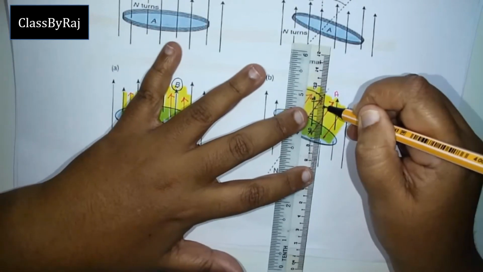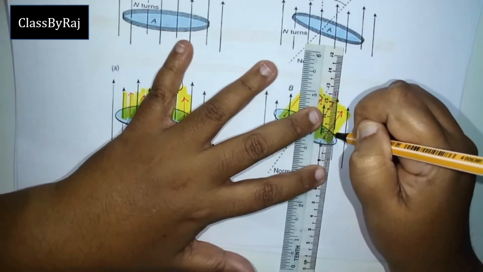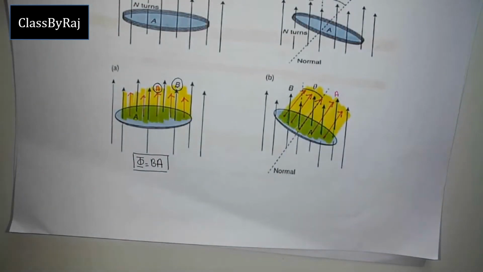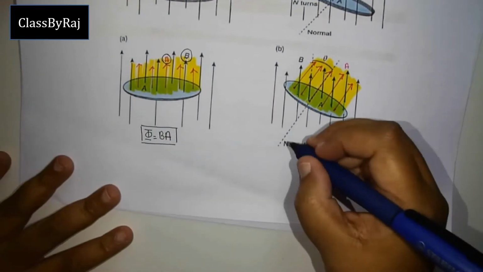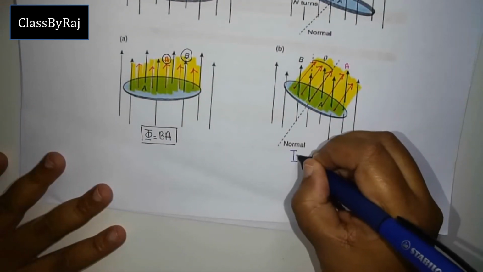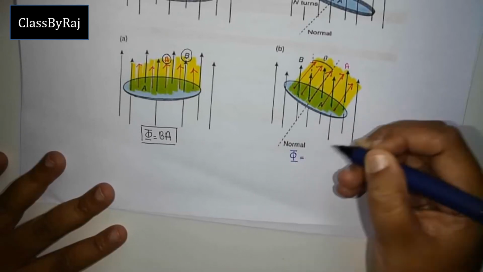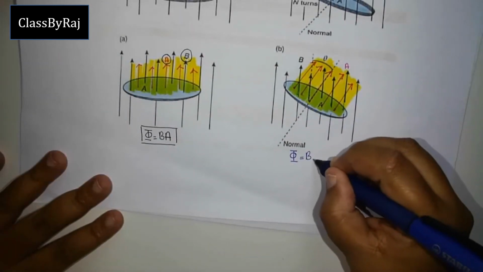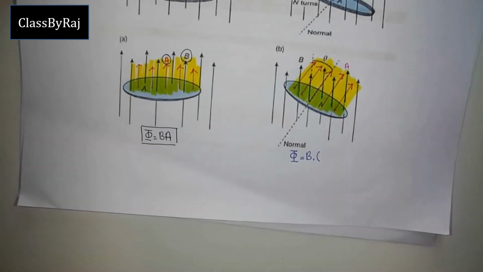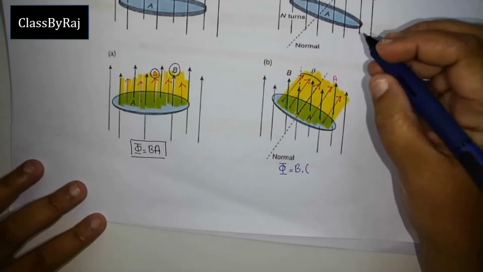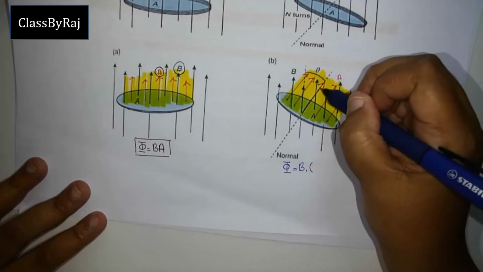Okay, the B is in this direction. So the magnetic flux is equal to B, which is normal, times A. A is in this direction.